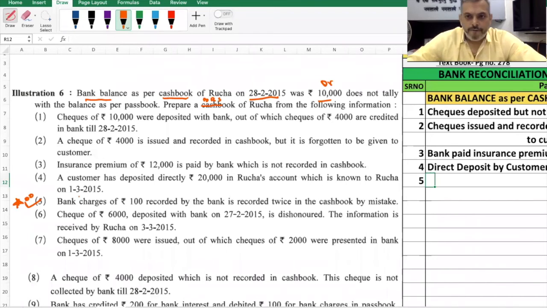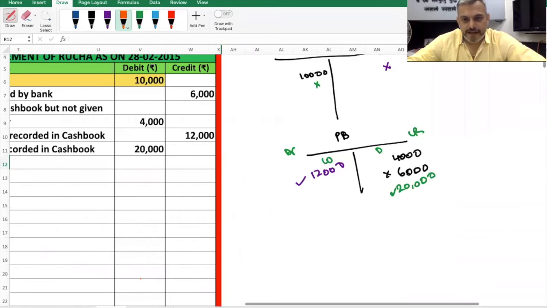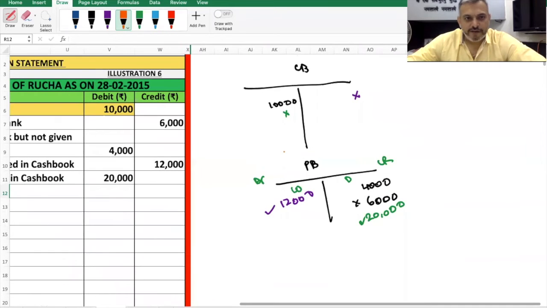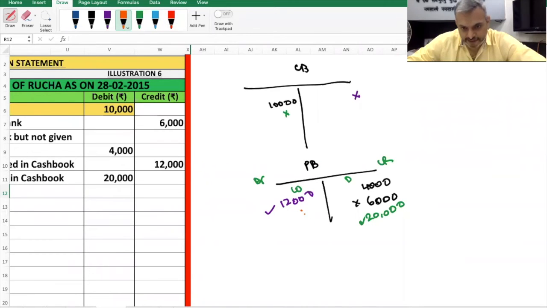Now, for this, you'll have to first do the working to understand this. Bank charges of 100 recorded by bank. First, you tell me which side 100 will come in passbook? Debit side, because bank charges is a withdrawal, balance decreases.